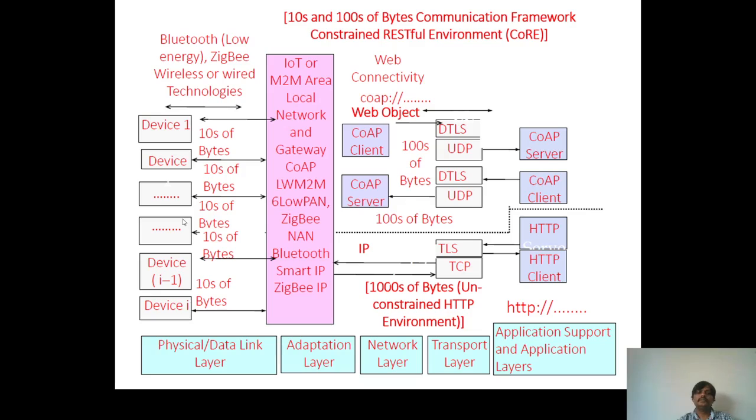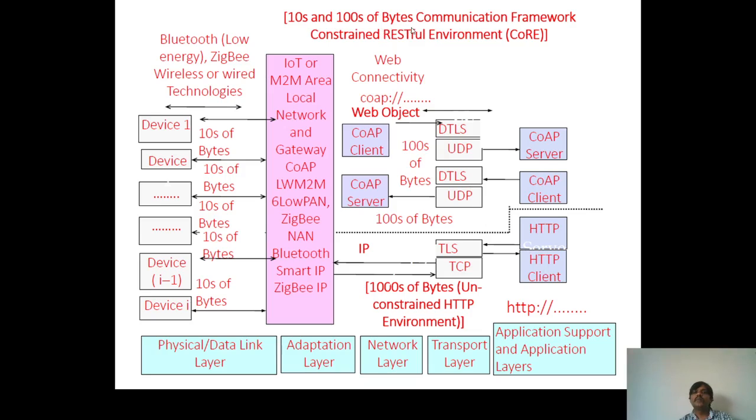So in this IoT or M2M area, local network and gateway, these are the protocols we are going to use, and for communication, whether through Zigbee or Bluetooth, CoAP clients and servers are there, and we are going to use UDP and TCP. This is for thousands of bytes of data transmission, and we can use the HTTP clients.